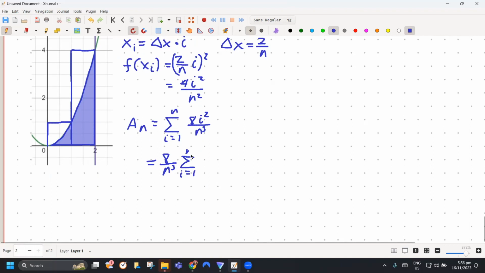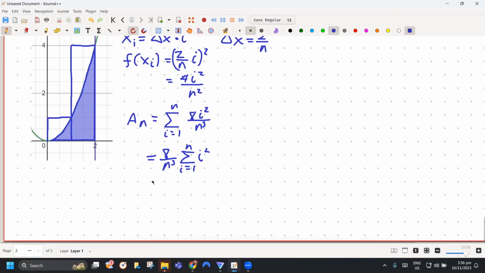Tapos, ano big formula for i square, n plus 1, 2n plus 1, divided by 6.